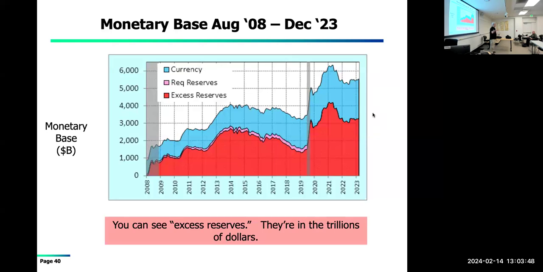So they parked the money in the Federal Reserve banks, way exceeding anything that would have been required based on the size of their deposits. And that's this big hunk of red, and it coincides with some dramatic changes in the way the entire economy has been managed and the influence of interest rates.